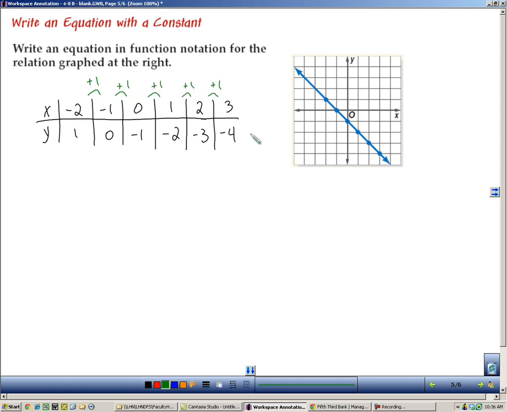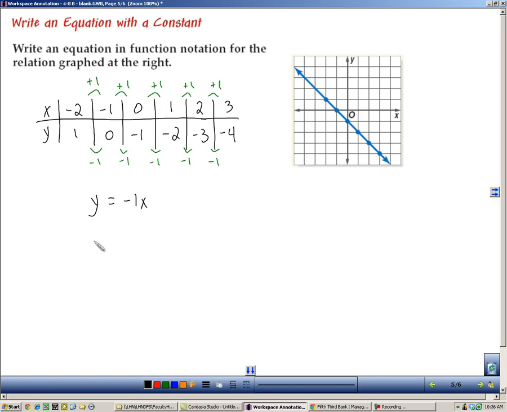Looks like the pattern on the top is a +1 between each of the x values. And the pattern on the bottom appears to be a -1 between each of the y values. So that would suggest that y equals -1 times x should be my pattern, because for every 1 y, there's a -1 for the x value.